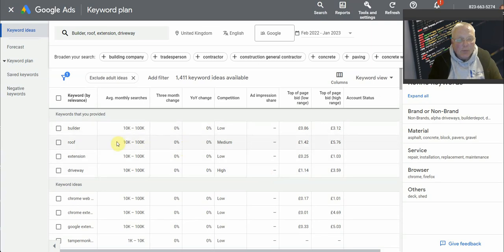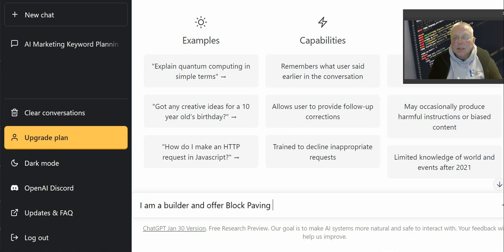So the average roof and extensions both get reasonably good results. And there's a whole series of other words here that you might consider. So I offer block paving, roofing and extension work.